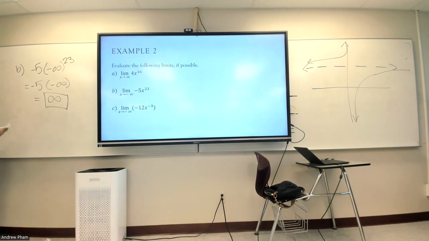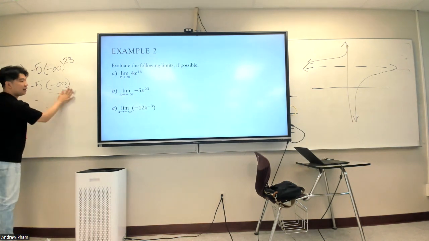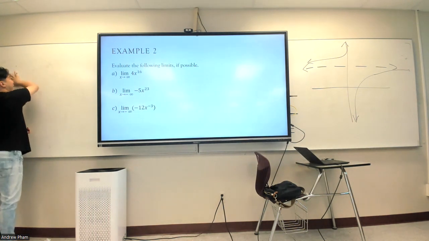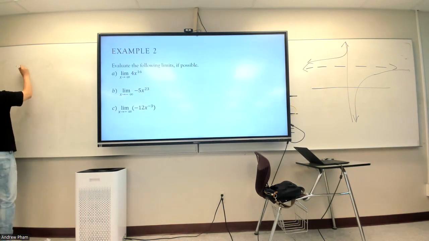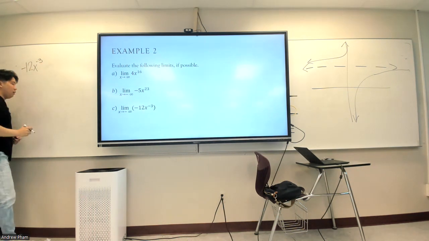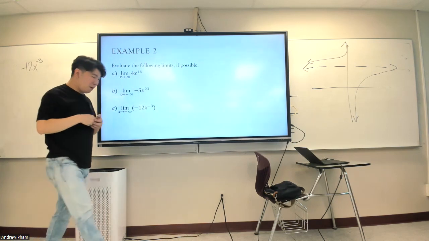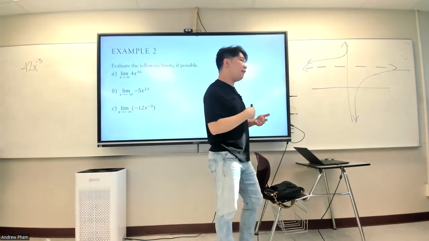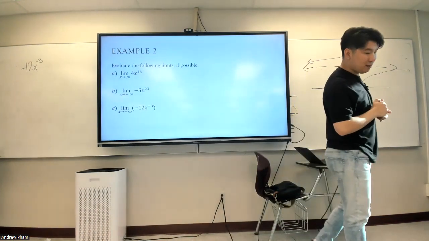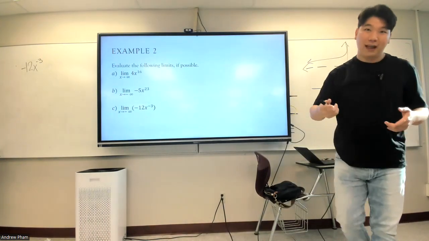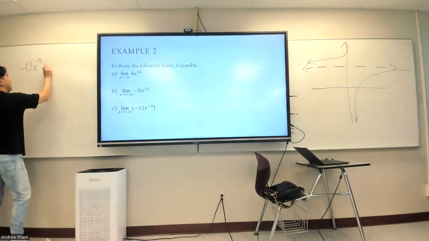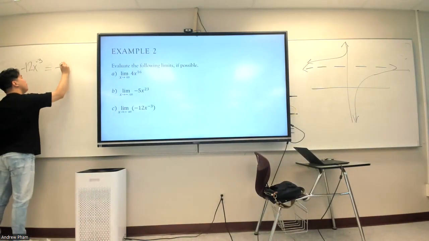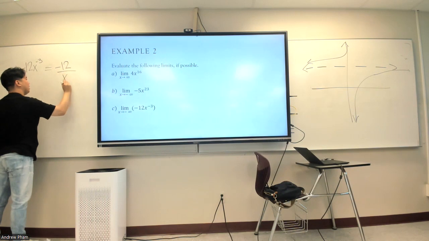So let's look at negative 12x to the negative third power. So first off, does anyone remember, what does it mean whenever you have a negative exponent? Yeah, that whenever I have a negative exponent, that's the same thing as me writing, in this case, negative 12 over x cubed.